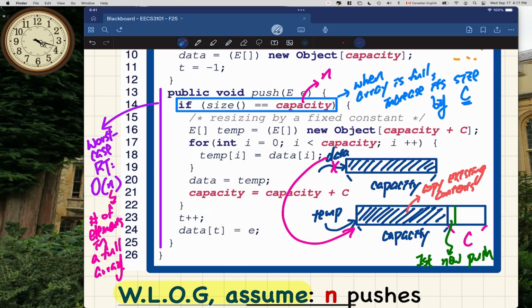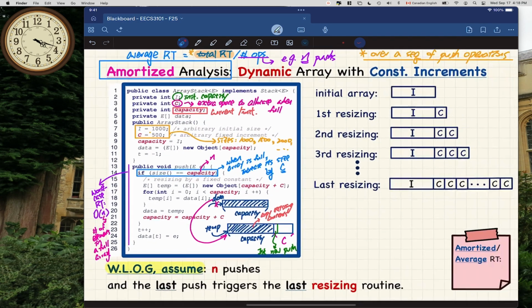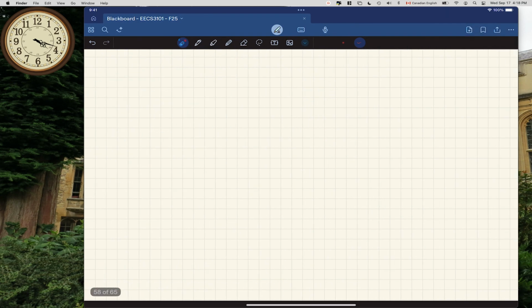Okay? So the worst case tells you that whenever you want to do resizing, that particular push that triggers the resizing is going to be the worst case. Okay? I'm going to write it down here.